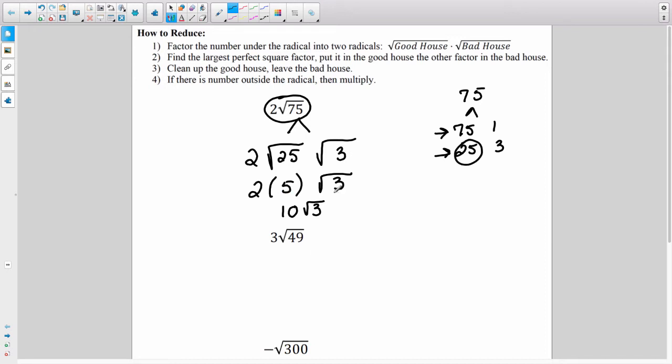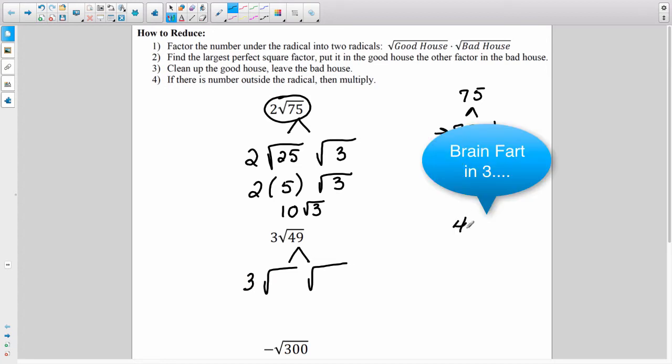Okay, so 49, now that's a trick question because if you tried to do good house, bad house on radical 49, look what you'd get. Factors of 49 would be 49 and 1, and that's it.